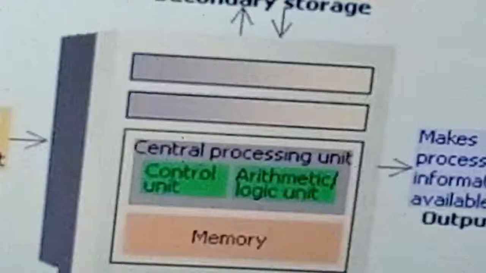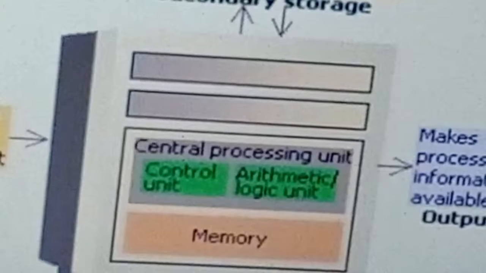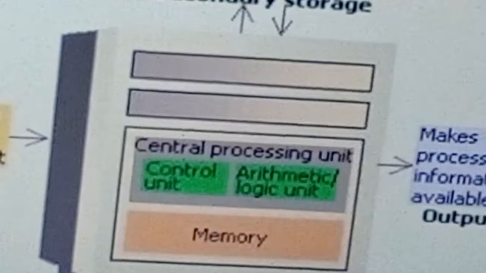Data cannot be directly processed by the processing unit in secondary memory, so it transfers the data first into the main memory and then to the processing unit.